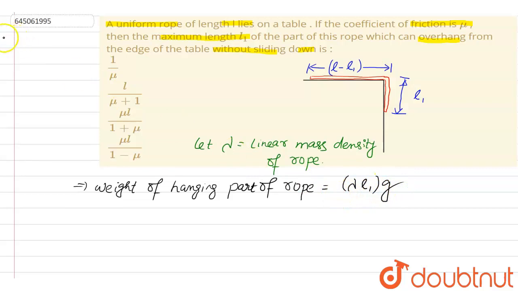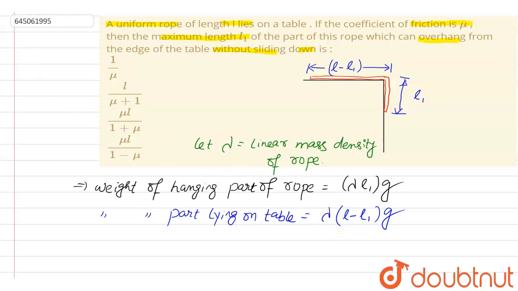And the weight of the part lying on the table is equal to lambda times the length of the rope lying on the table, which is total length minus hanging length. So this much mass, multiplied by g, is the weight of the part lying on the table.